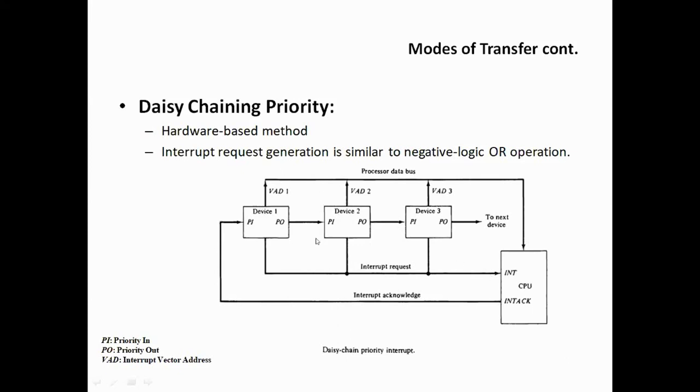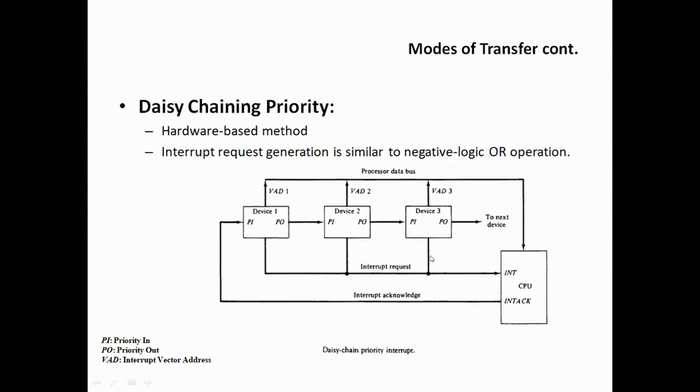These are IO devices and this is the CPU. The IO devices produce an interrupt whenever they need to send data, for example. So this goes to INT, meaning interrupt. The interrupt is generated by any one or more than one at a time.